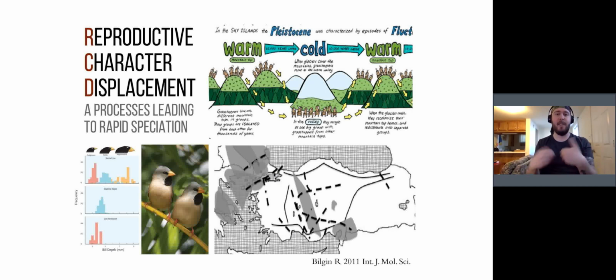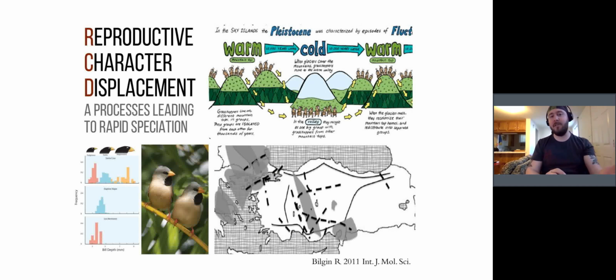So selection quickly acts upon this variation to finalize speciation. And there were actually 2 reviews on the subject, one by Rashid, for example, where he talked about this process and also talked about several hybrid tension zones in Anatolia where this process could be going on.